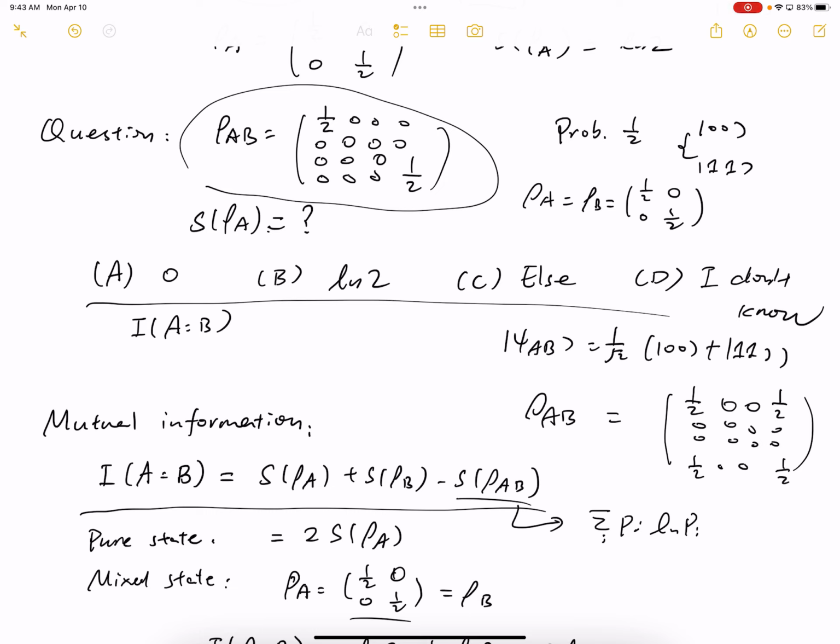Okay, you can use your clicker to make a choice. Same four answers. So in this case, whether the mutual information is also 0 or something else.